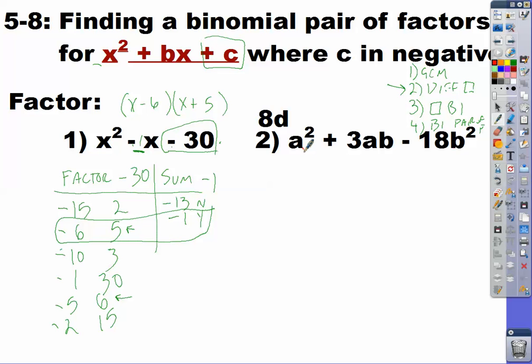Difference of squares. Is this a difference of squares? Okay, I see lots of people shaking their head. Why is this not a difference of squares? What conditions does it not satisfy? Betsy: Not all of it is subtraction.